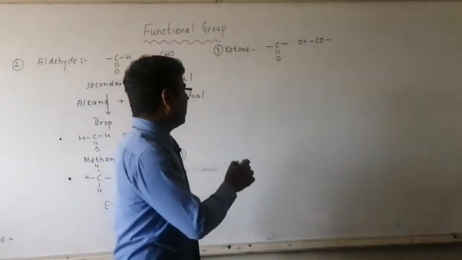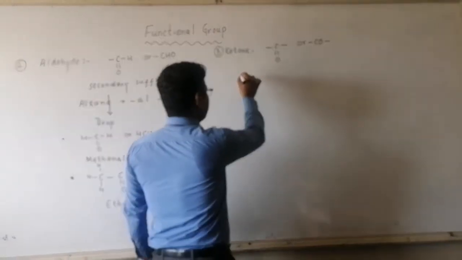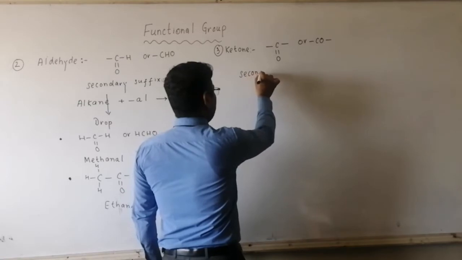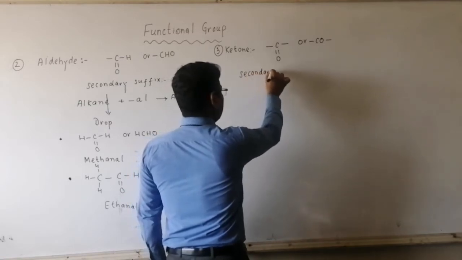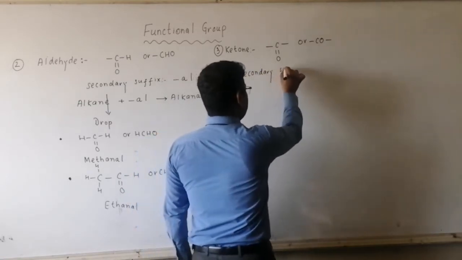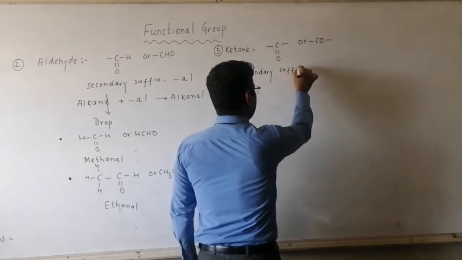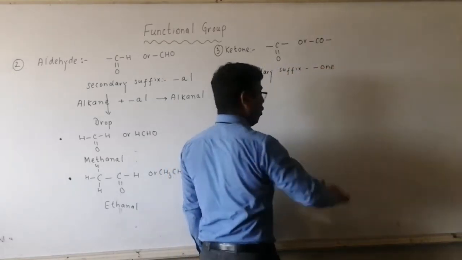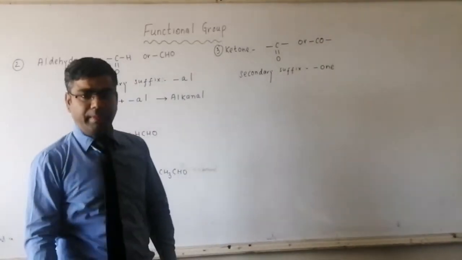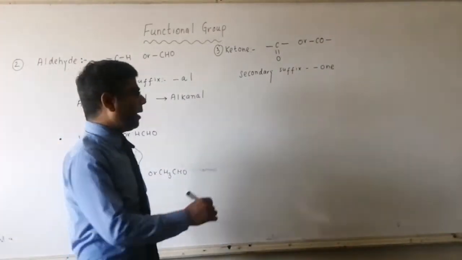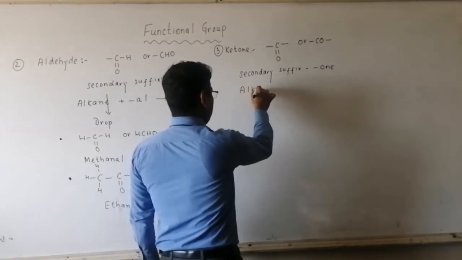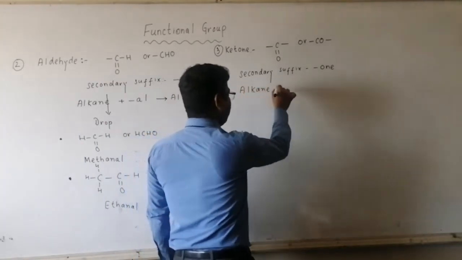Then comes the secondary suffix. For naming ketone, the secondary suffix used is -one, O-N-E, not 'one', but -one. Now add the secondary suffix to alkane.